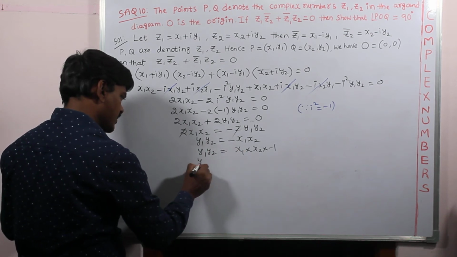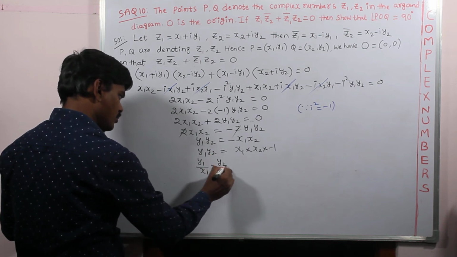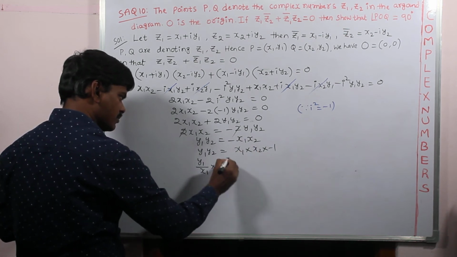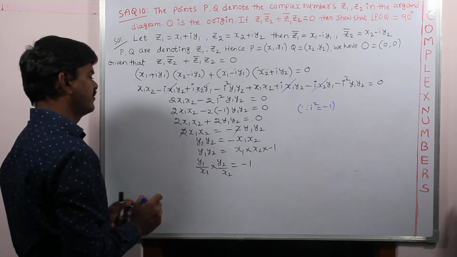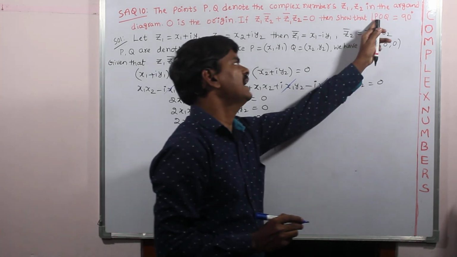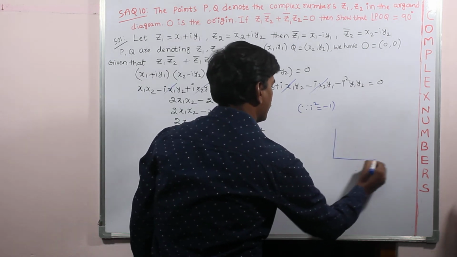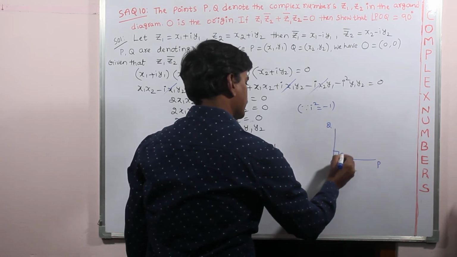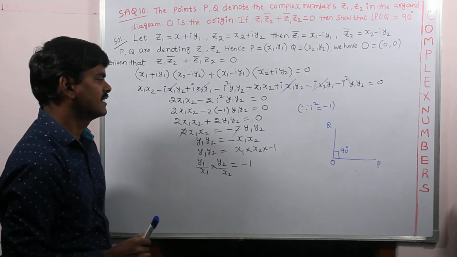It is multiplied, so it becomes divided: y1 by x1 into y2 by, similarly x2 becomes divided by x2, that is equal to, we are left with minus 1. Now if you concentrate on the required proof, angle POQ is equal to 90 degrees. If I draw the diagram, angle POQ should be proved as 90 degrees.